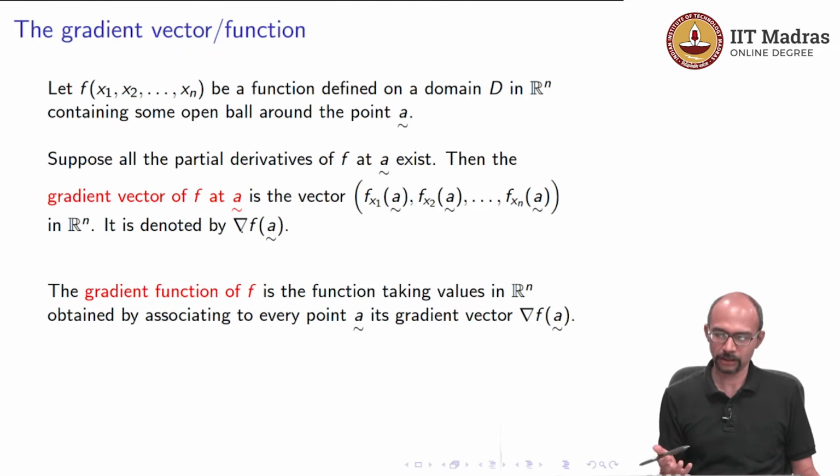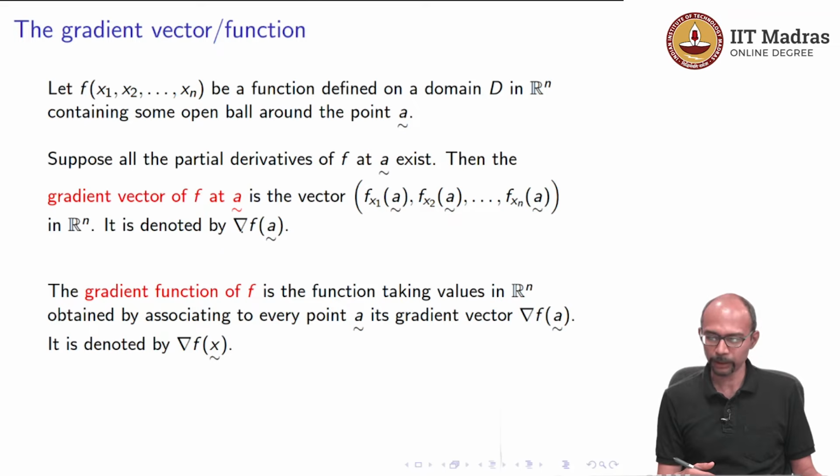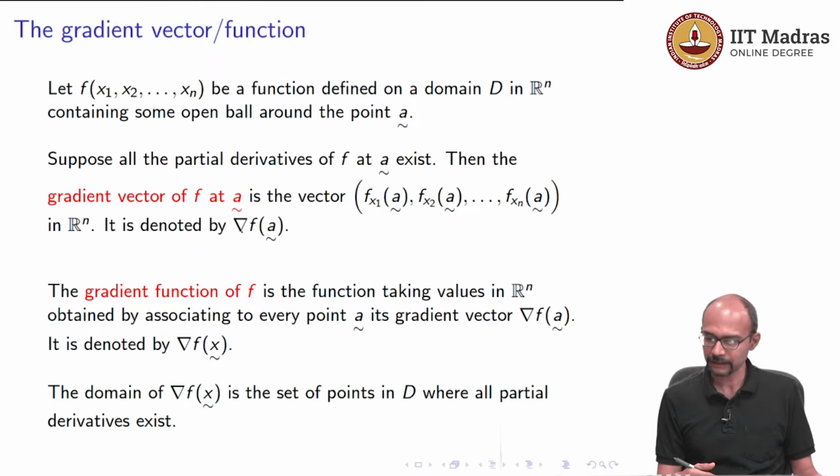Of course, this gradient function may not be defined everywhere, because maybe some partial derivative is not defined at some point. So, the domain of definition for this function is exactly those points where all partial derivatives exist. All partial derivatives must exist, and only at such points this function is defined.